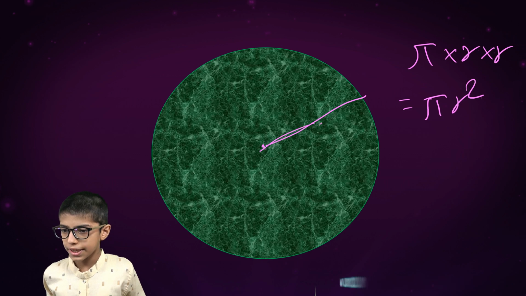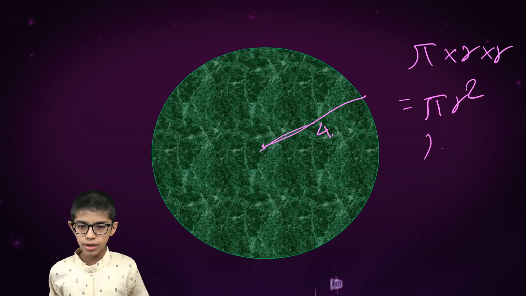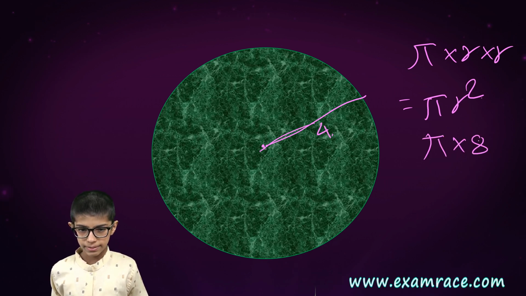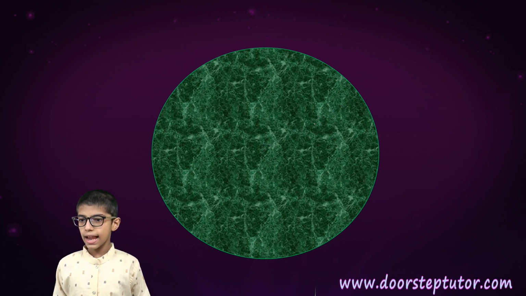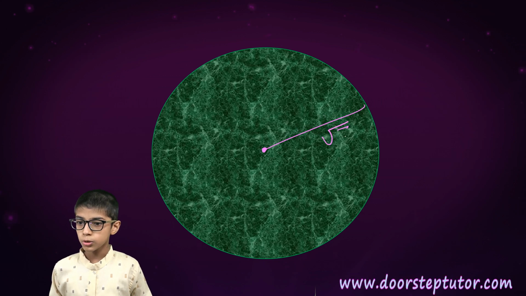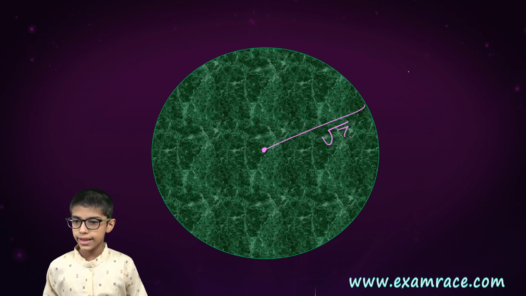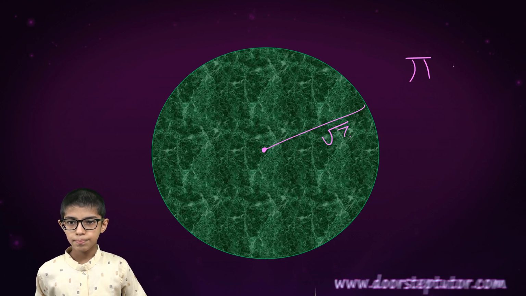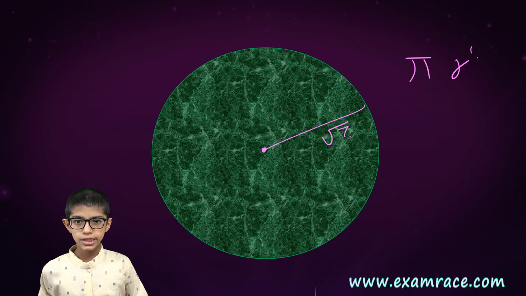For example, the radius is 4. Therefore, pi into 16. And if the radius is given as root 7, you would think it is very hard. But the formula is pi r square.